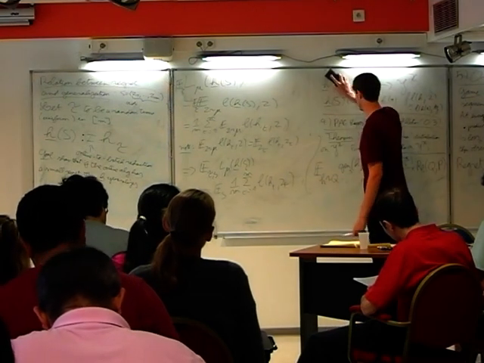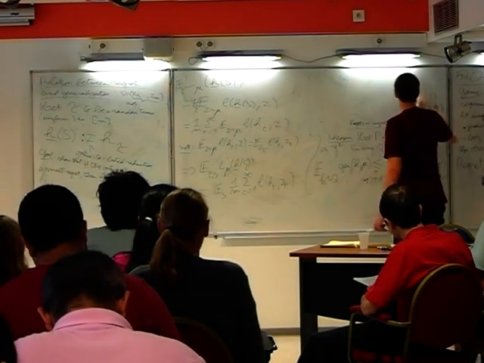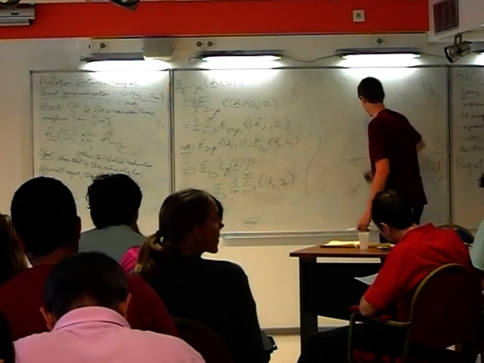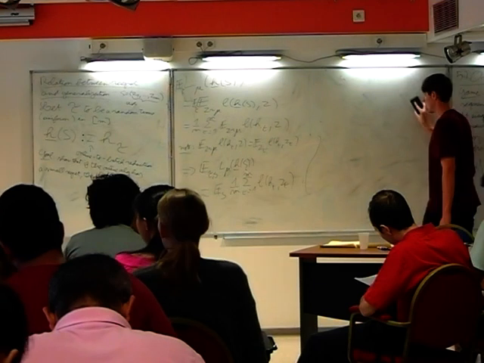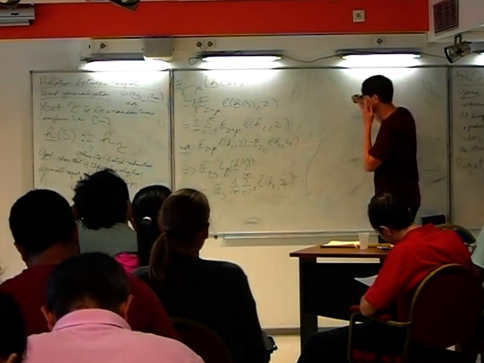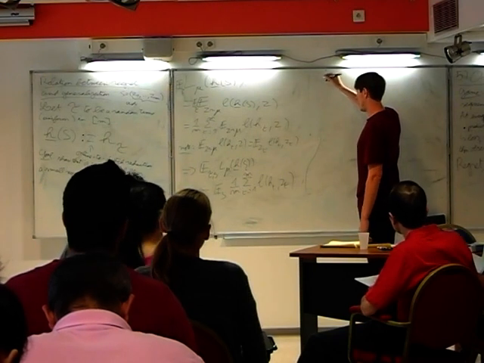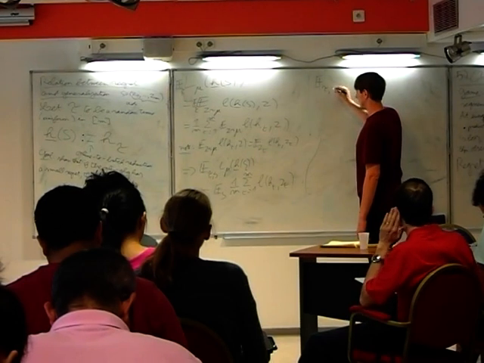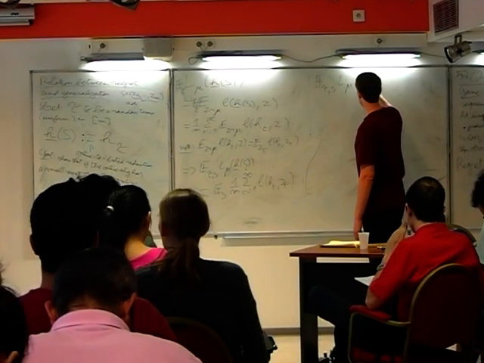So let me just complete the argument. If I want to complete the argument, I just get the expectation over tau and s of L mu of h bar s.